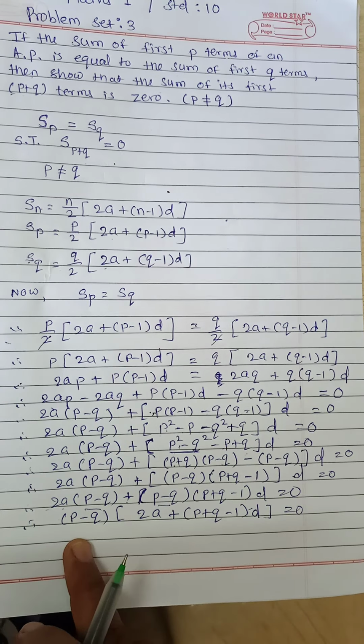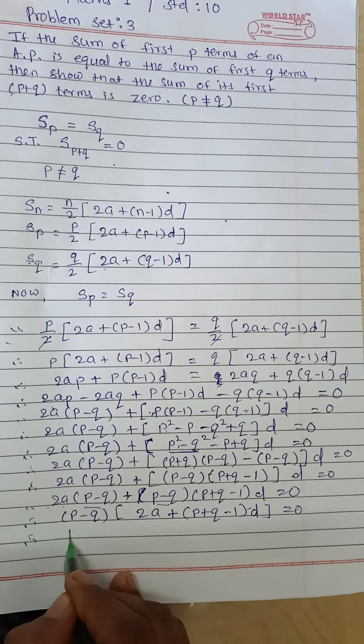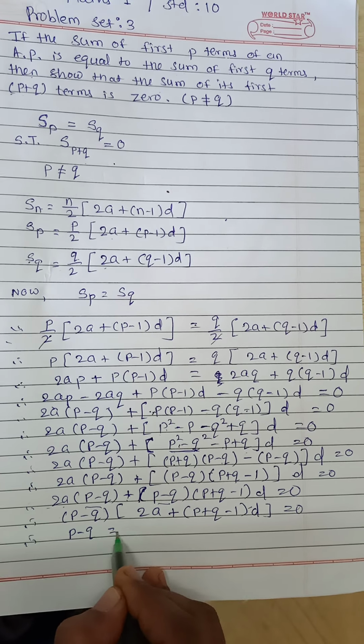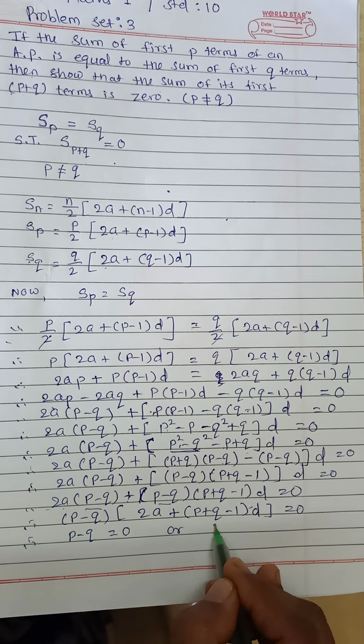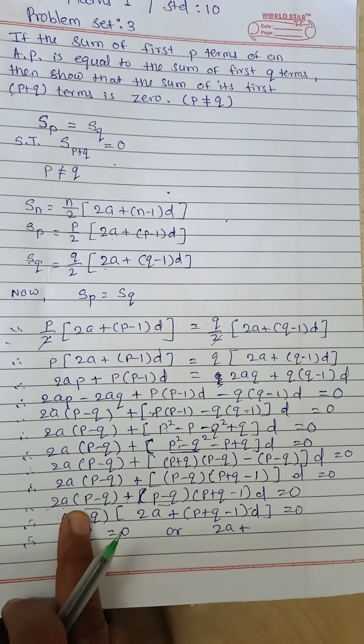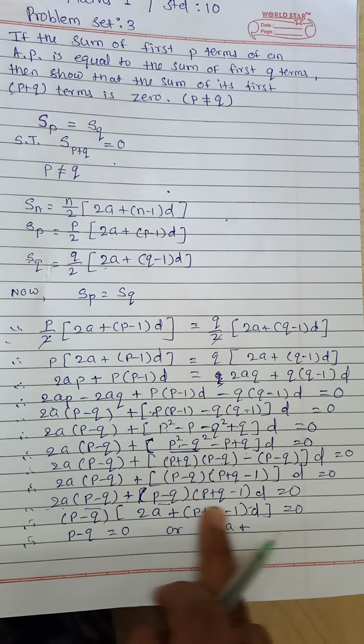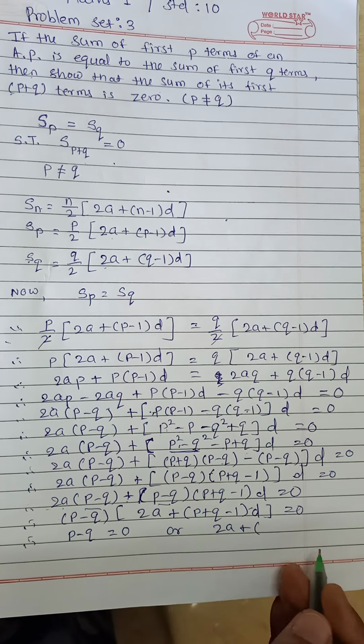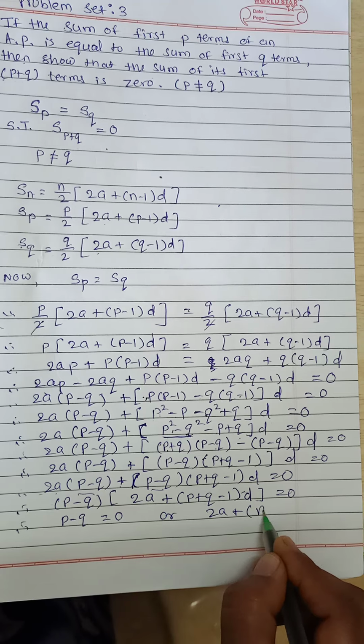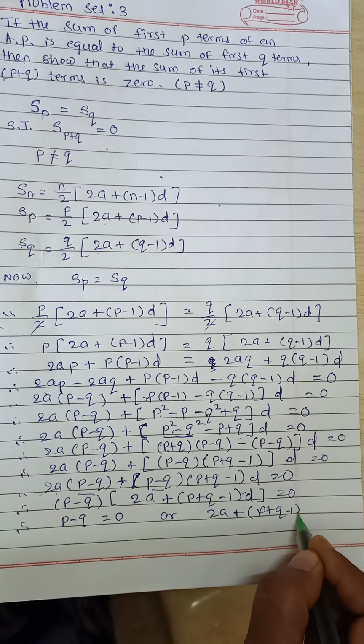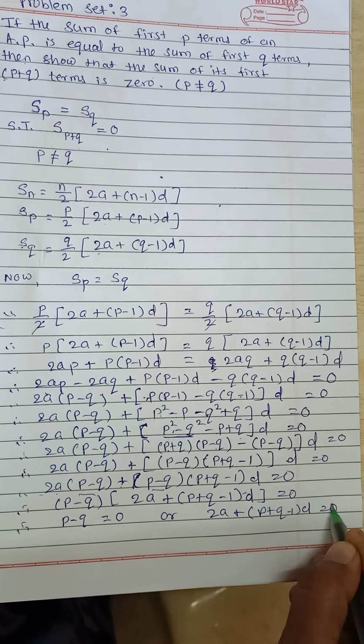That means, therefore, p minus q is equal to 0, or this second term is 0, that is 2a plus (p plus q minus 1) d is 0.